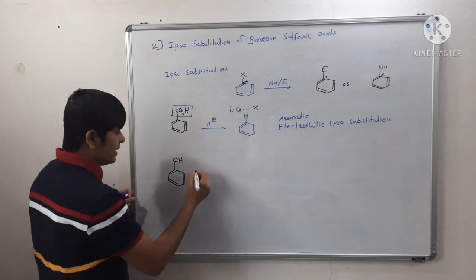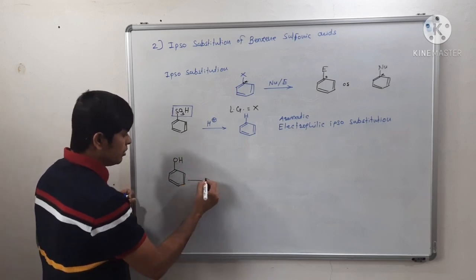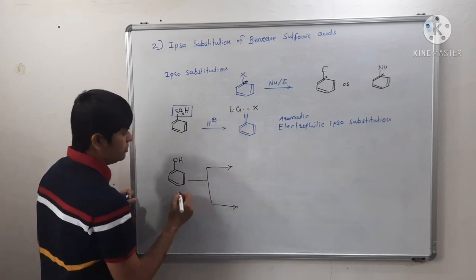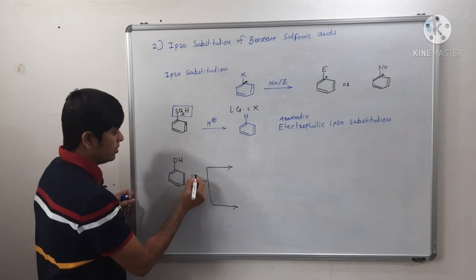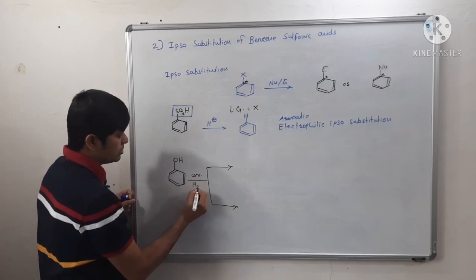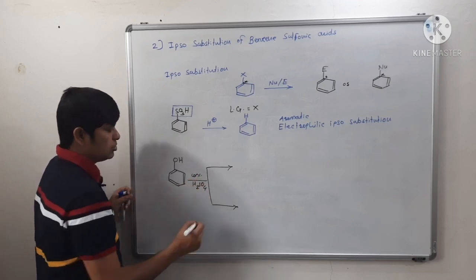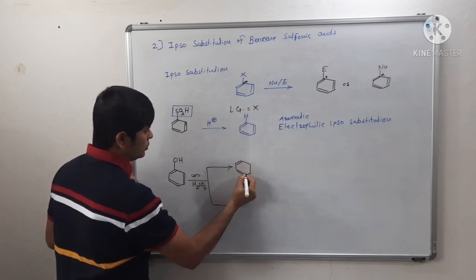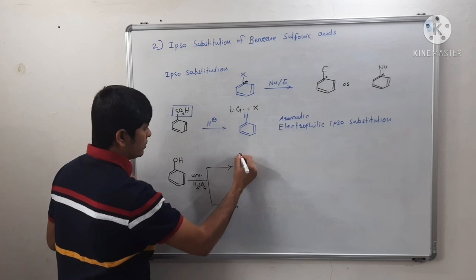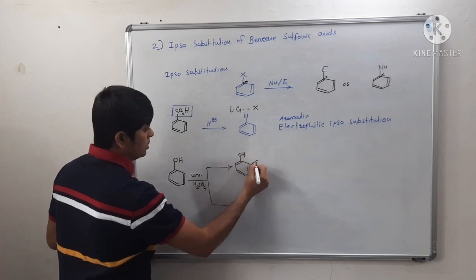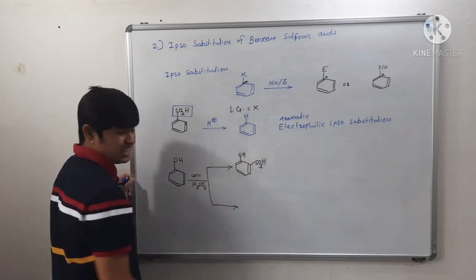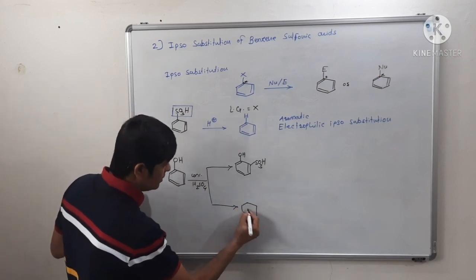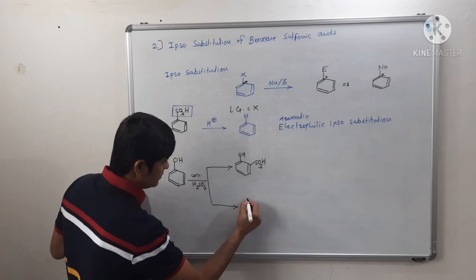See, instead of nitration, we will carry out sulphonation of phenol first. So we know phenol will give a mixture of two products: one will be this ortho product, and the second one will be the para product.